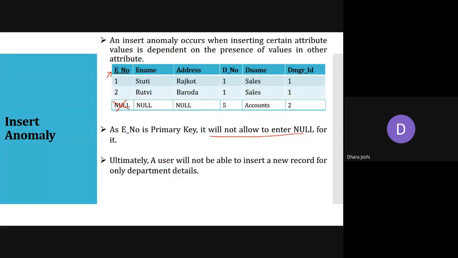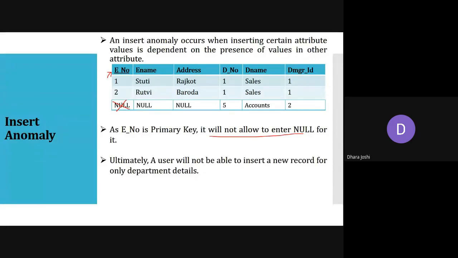Ultimately, a user will not be able to insert a new record for only department details. Suppose an organization made improper planning and maintained a single table in which they store which employee is working under which department, what the department number is, and who is the manager for that department.